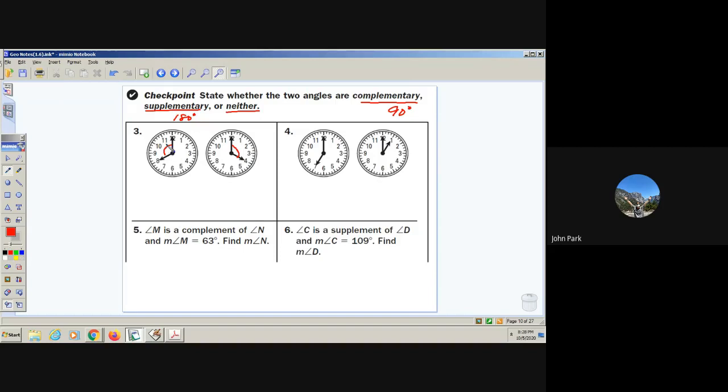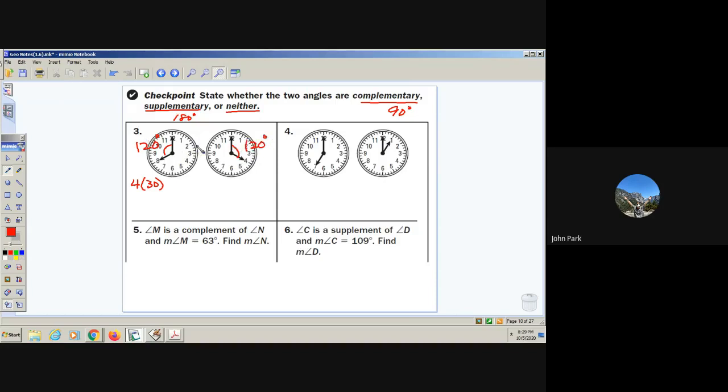If you're moving from 8 o'clock to 12 o'clock, the hour hand and the minute hand, that's a 4-hour difference, right? So 4 times 30, because remember each hour is 30 degrees, that's 120 degrees. Same thing here, that's another 4-hour difference, so also 4 times 30, which is 120 degrees.